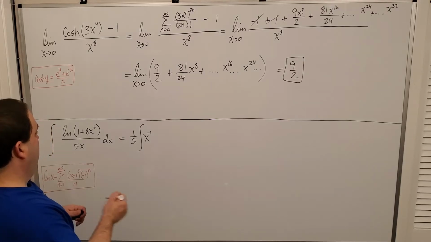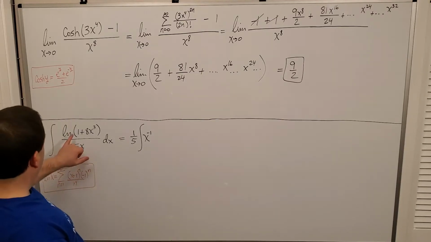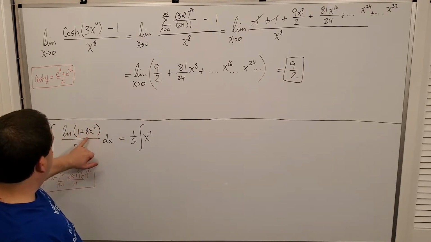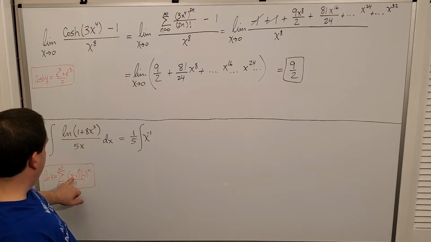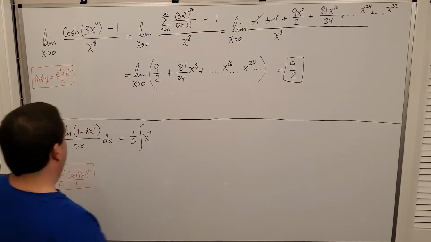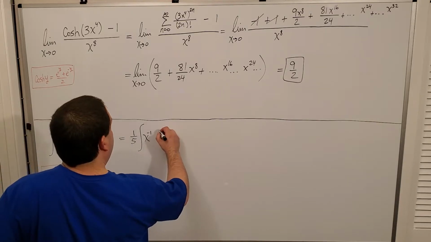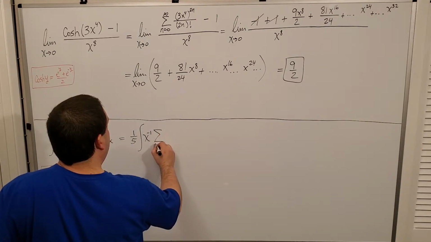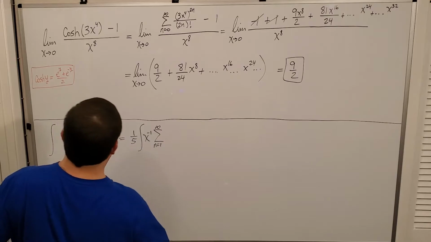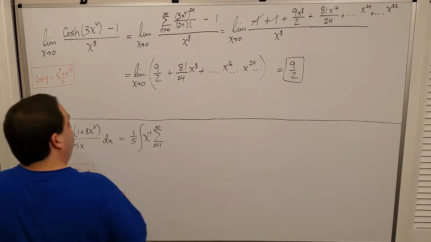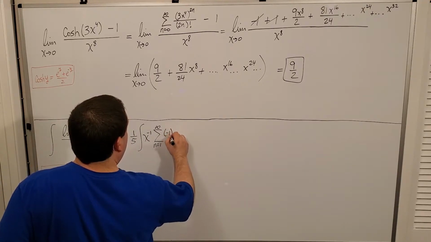Okay? So here, my 1 plus 8x to the third is going to take the place of my x. So I will have summation, n equals 1 to infinity there. I'm going to have my -1 to the n.